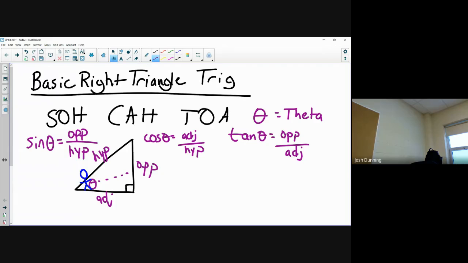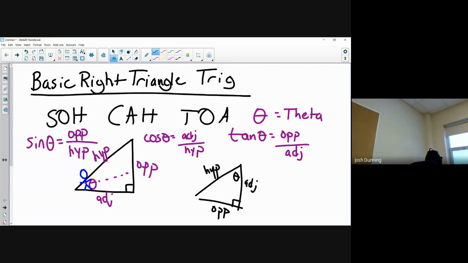Now, if we think about the same triangle, but we put the angle in the other way, on the other angle, this is still the hypotenuse. But now, if you were standing up in this corner, now you're right next to that side. And then all the way across the bottom now is the opposite.